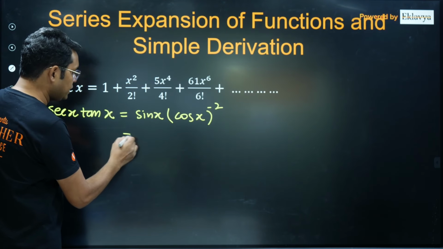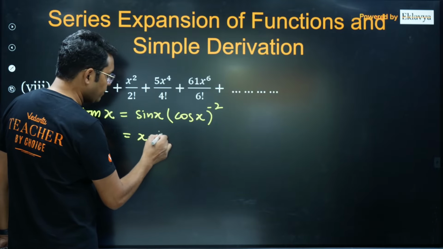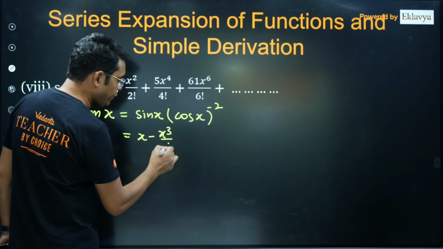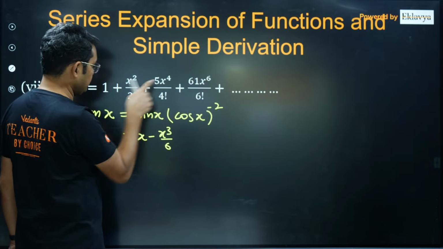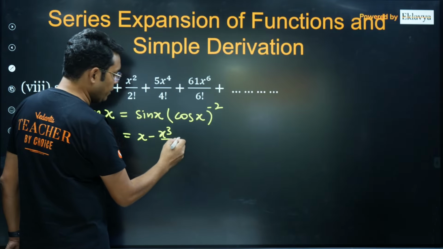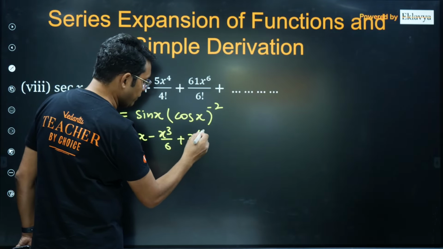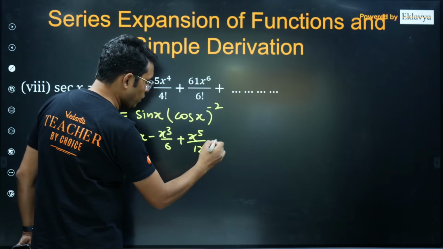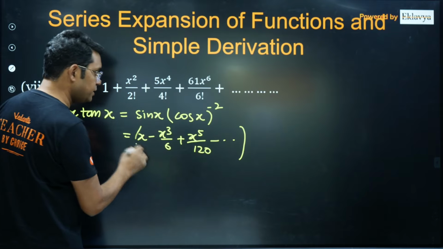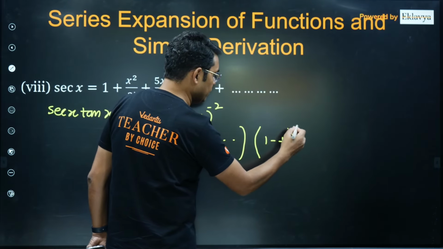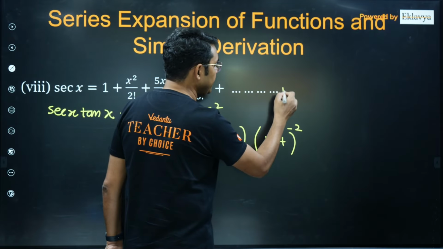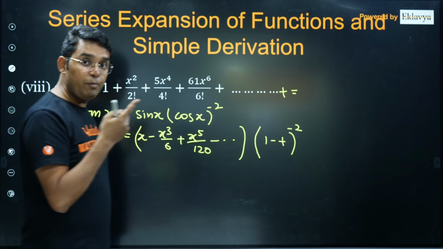Now we know the expansion of sine, that is x minus x cube upon 3 factorial. I am writing it 6. Now if we are looking till x power 6, maybe I will need x power 5 upon 5 factorial also. That's it for sin x. And for cos x, it will be 1 minus t whole power minus 2. Once again, the t is the same thing which I used in my previous slide.